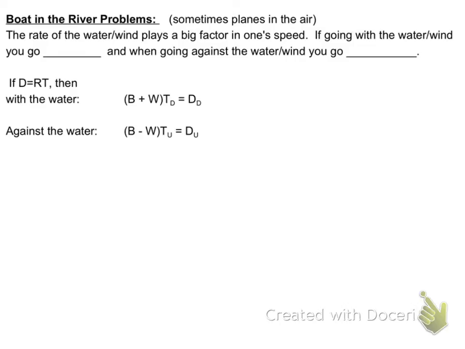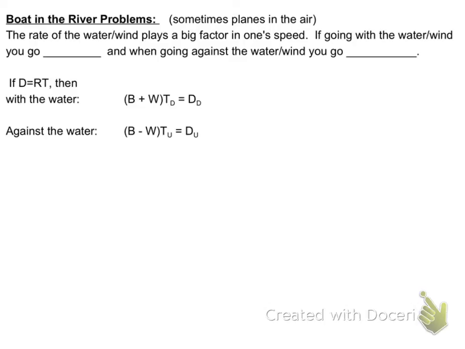Same thing for boats. Guys, if I am paddling a canoe on a still pond 5 miles an hour, I've got my canoe or kayak, I'm going 5 miles an hour, and that's my ability, and I take that and put it into a river. And I like to go down the river, so the river is going 3 miles an hour. And I paddle my usual 5 miles an hour. How fast am I actually going to go?